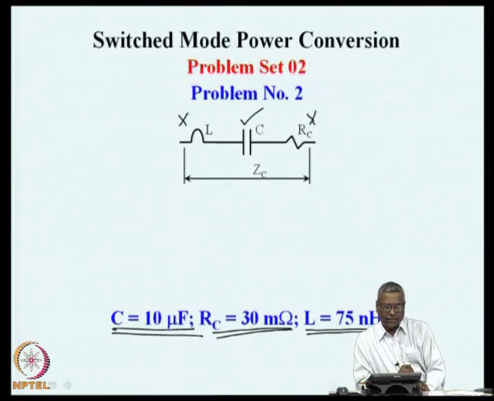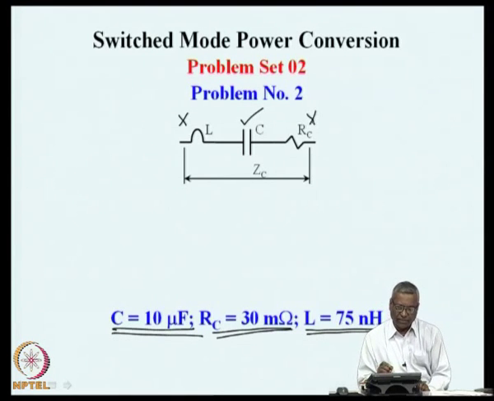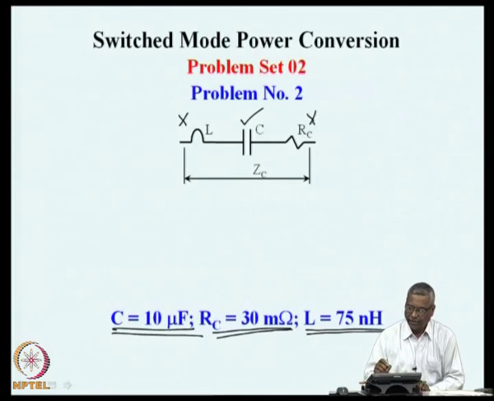So, in order to understand the significance of the unwanted parasitic inductor or resistor in a capacitance, or a parasitic capacitance and resistance in a desired inductor, it is good to plot the impedance diagram of the capacitor and try to get some insight into the unwanted components. For example, in this particular example, we have a capacitance which is 10 microfarad.